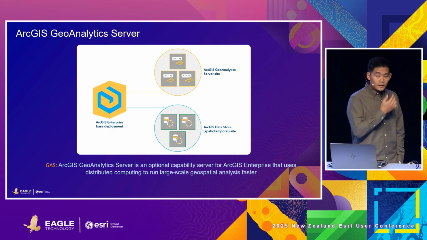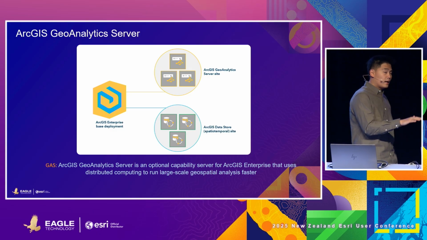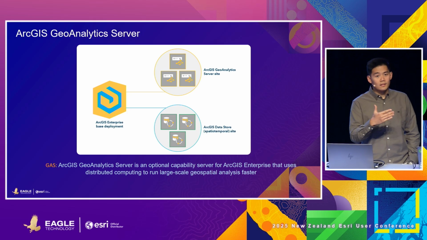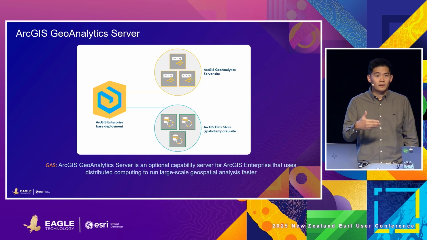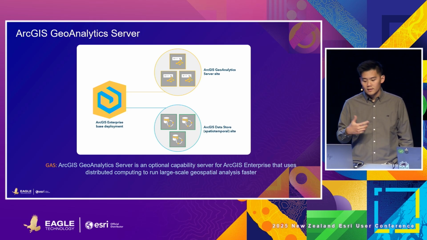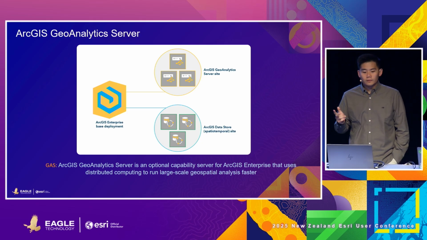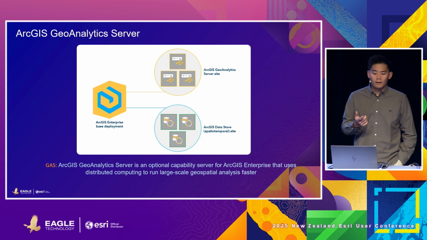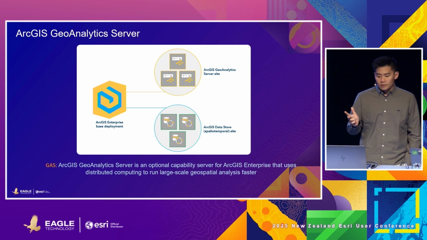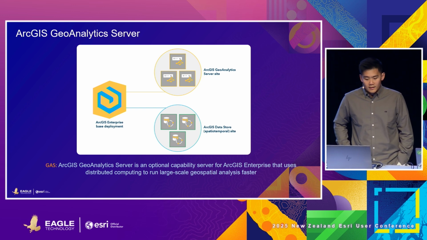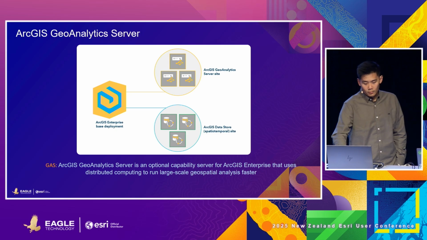Then we have the GeoAnalytics Server. Currently, GeoEvent Server is the product that allows you to ingest data, and GeoAnalytics Server can be deployed on cloud infrastructures. There are tools available to help you deploy Enterprise on Azure or AWS, and of course other cloud deployments as well.